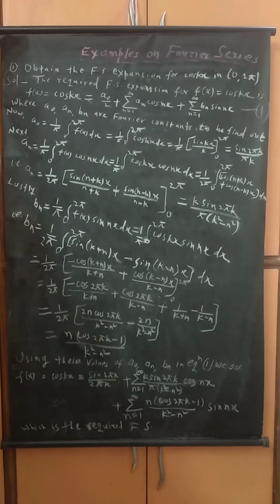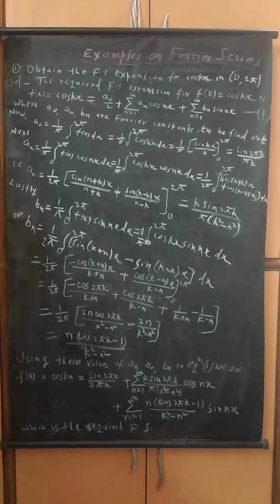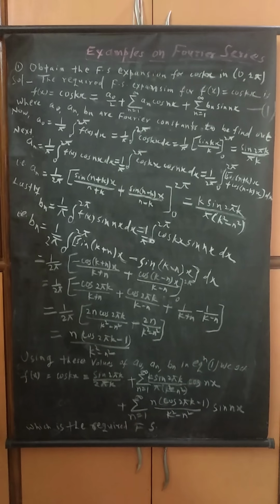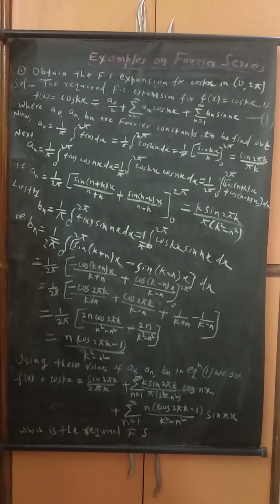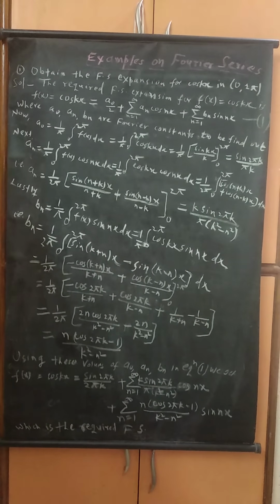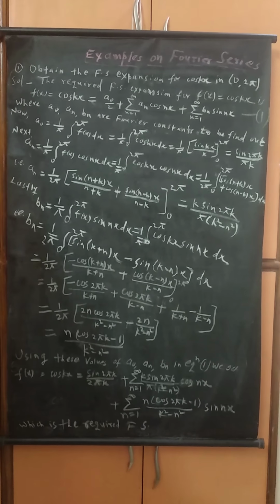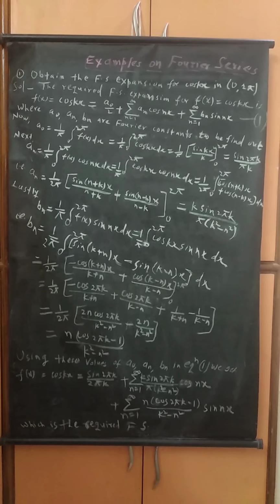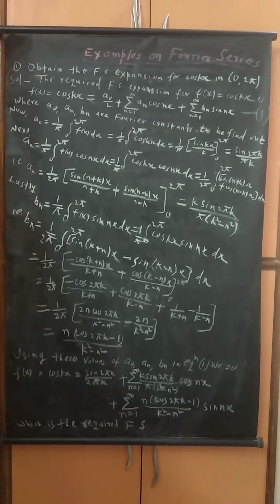The remaining Fourier constant is bn. As in the definition, the value of bn is given as 1 upon pi integral 0 to 2 pi f(x) sin nx dx, that is equal to 1 upon pi integral 0 to 2 pi cos kx sin nx dx.